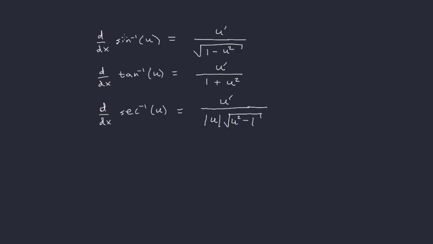And again, I'm only giving these because for cosine, cotangent, cosecant, we just throw in a negative. These are really the important ones. From here, this will make some of our examples easier, because we know that the derivative of the stuff is going to sit in the numerator every time.